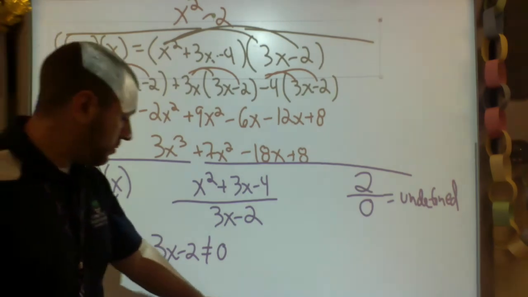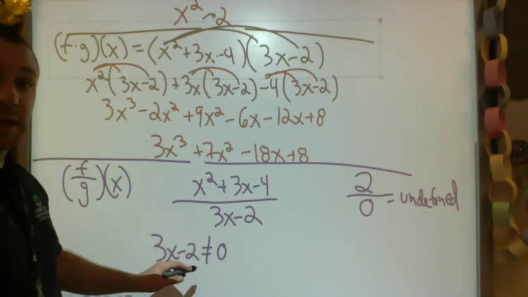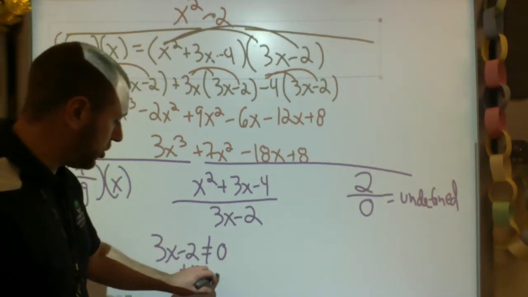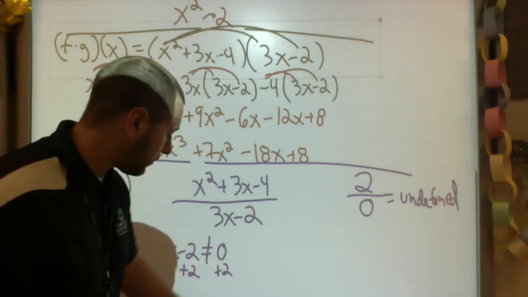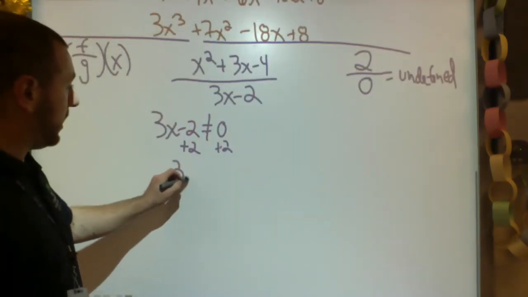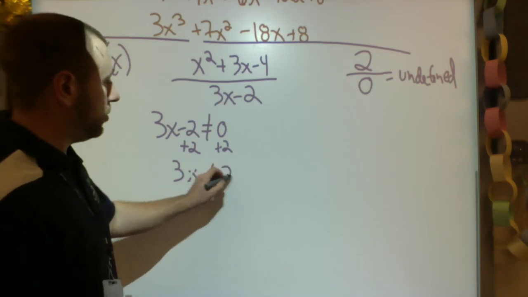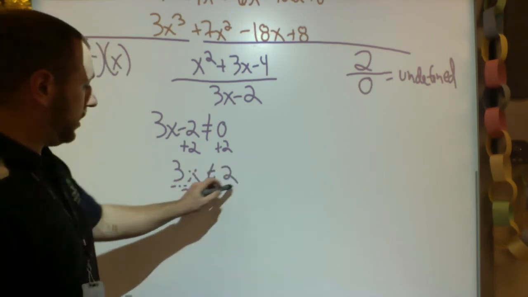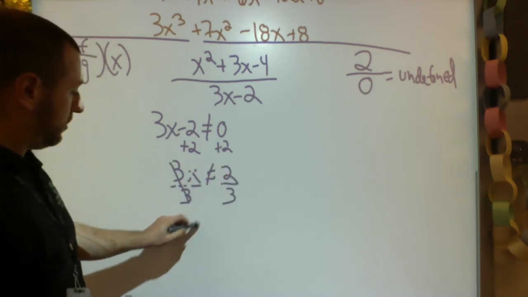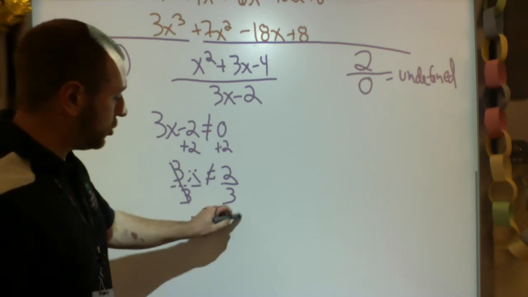Really, I just solve it like a normal equation. Add 2, add 2. My 3x cannot be 2. I divide by 3. My x cannot be 2/3.